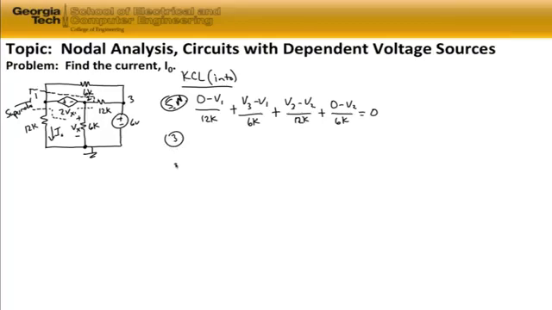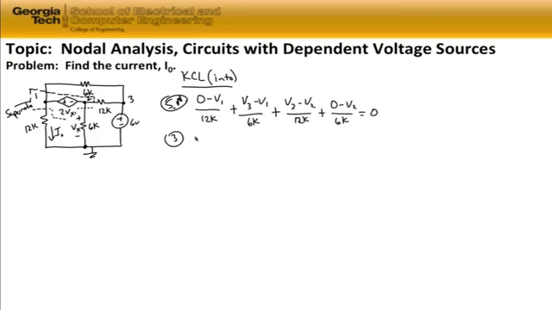Just as we had seen in previous problems, we noticed that there is a 6-volt source between node 3 and the ground node. And again, noting that for nodal analysis, what we're ultimately looking for are the nodal voltages, we can directly find the nodal voltage for node 3 from this relationship between the voltage source and our known ground node.